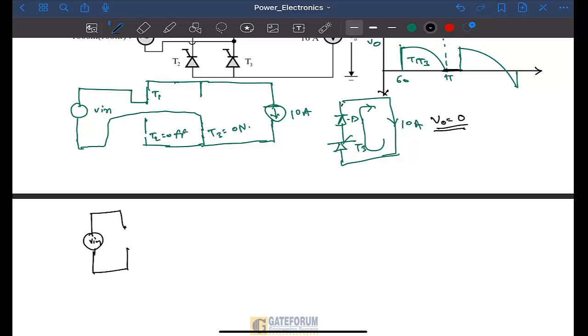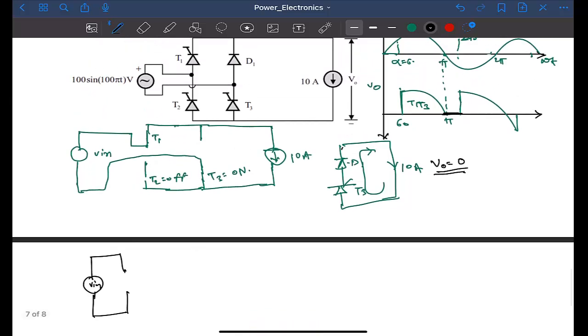When T1 and T3 are off, now at 240, when T2 gets fired, what will happen? T2 is on. Okay, T1 is off, D1 will conduct, and T2 will conduct.